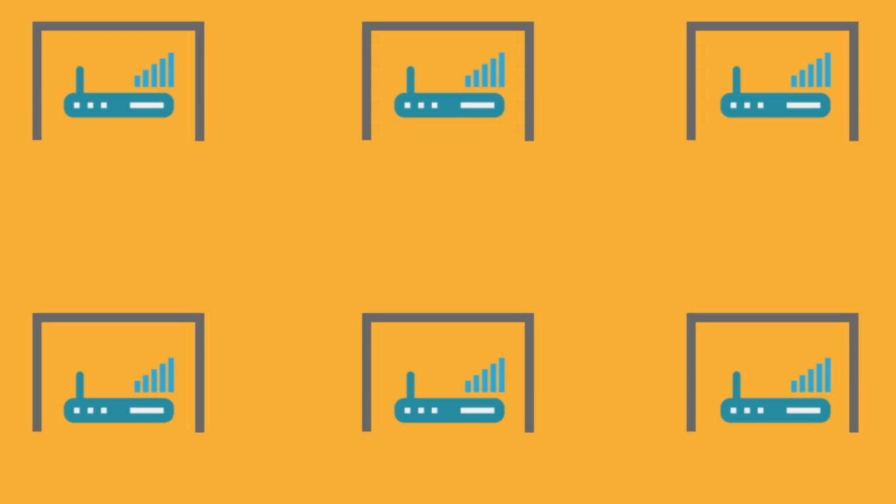In essence, a wireless controller allows multiple APs to work together as a single system instead of each working in isolation. It's important to know that a wireless controller by itself doesn't actually produce any type of wireless signal. That's the job of the AP. The controller only manages the APs.